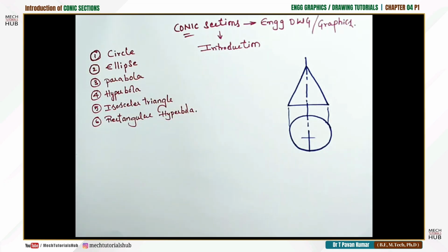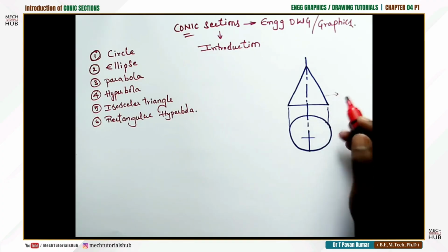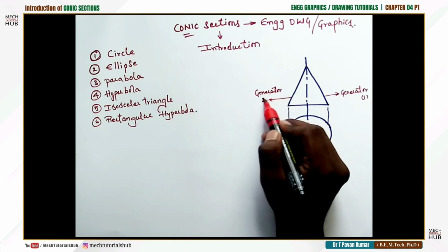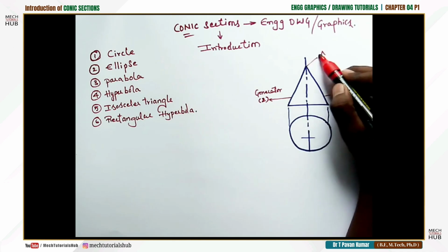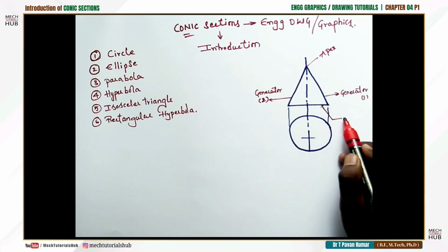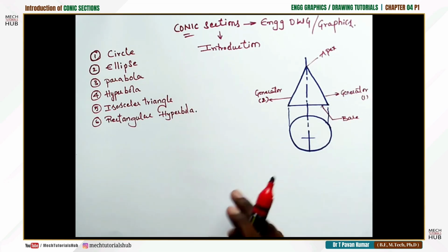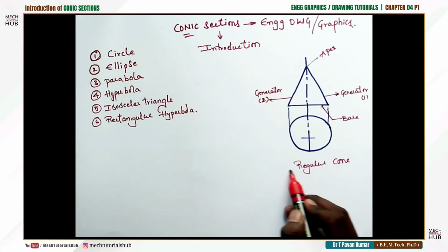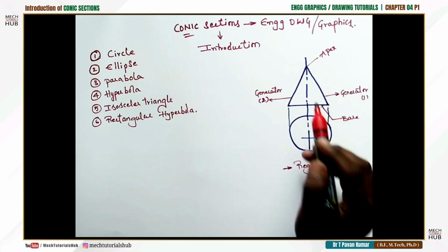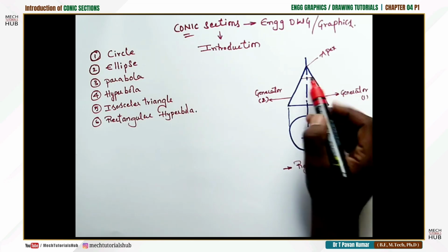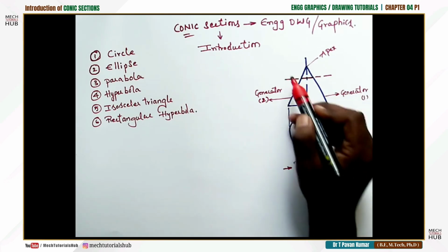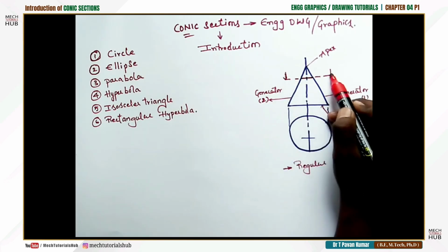Let us know the terminology first. I call this generator 1, this generator 2, and this point, the meeting point of the two generators, we call the apex, and this is the base on which it is resting. Now for example, if this regular cone is cut horizontal to the base, and you consider this as the cutting plane, this is going to be the view of the observer.